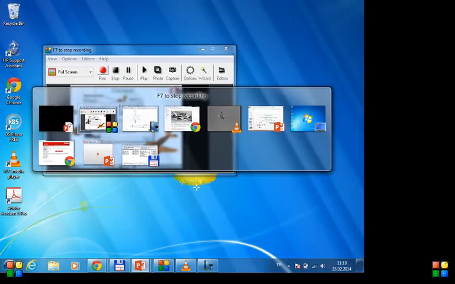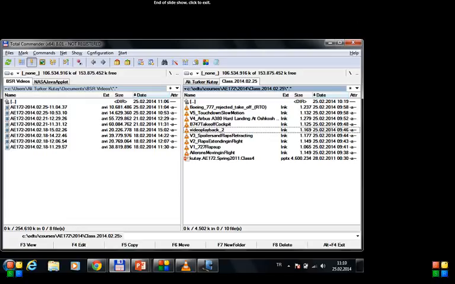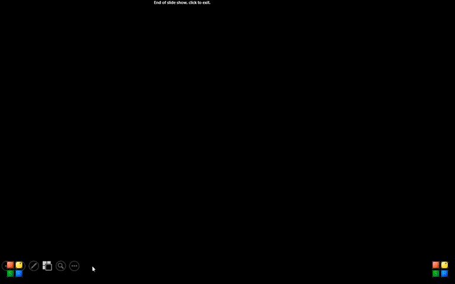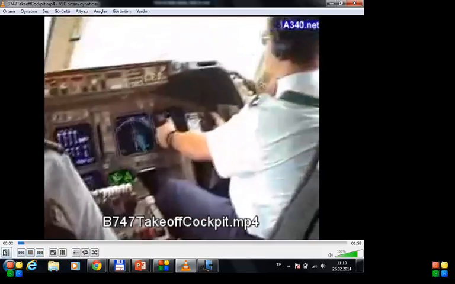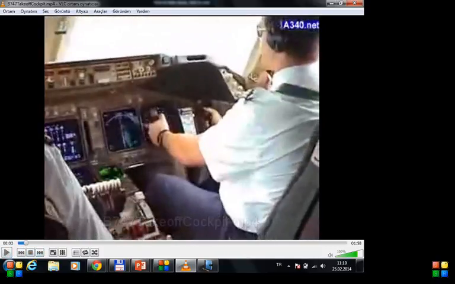Okay, so this is the inside of a Boeing 747 airplane, just prepared to take off.